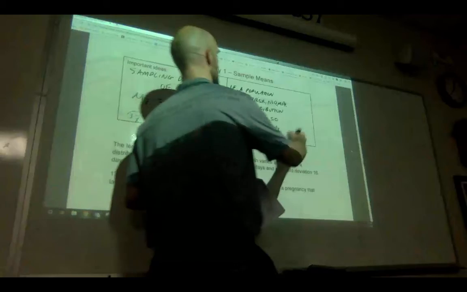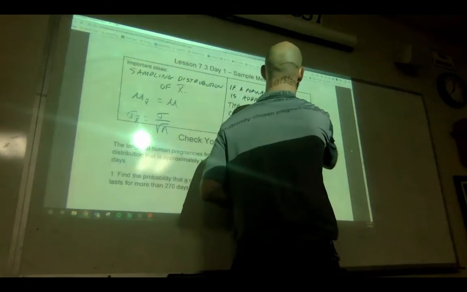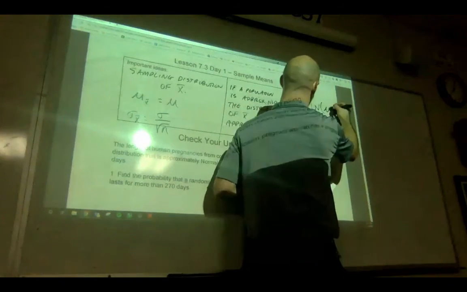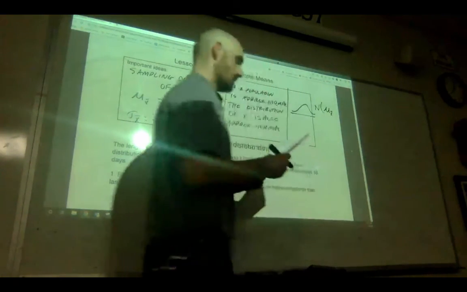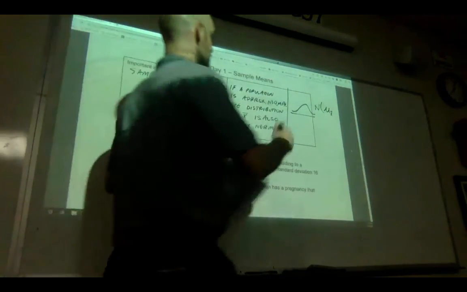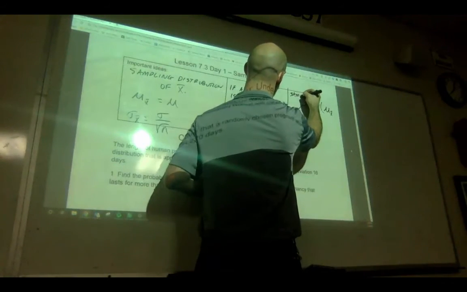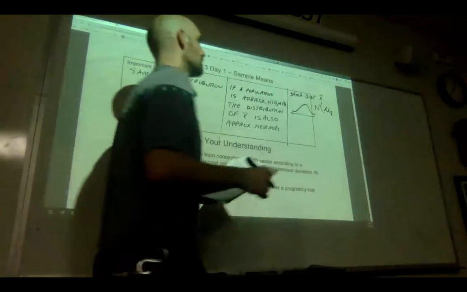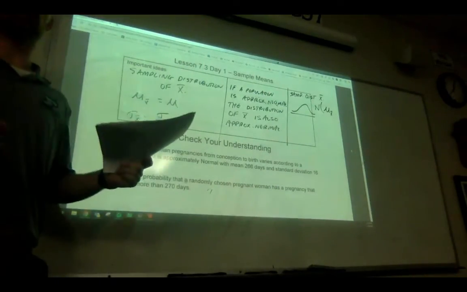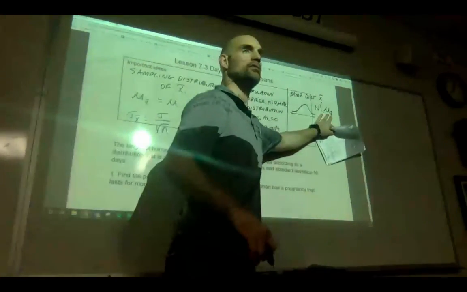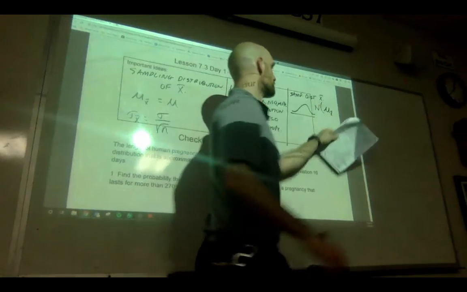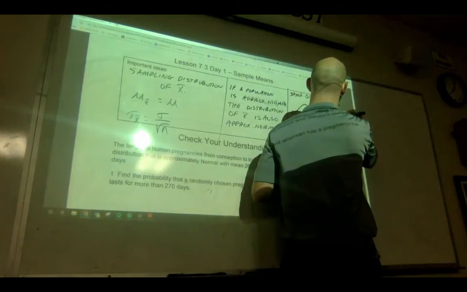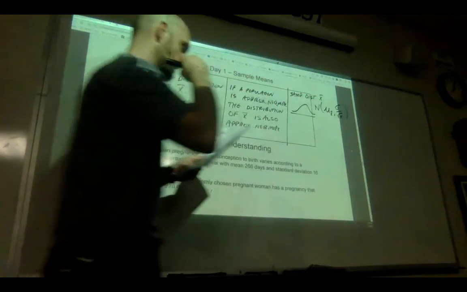Well, not surprisingly, when I sketch my little normal curve here, if this is my sampling distribution of x bar, I'm going to label it normal with my mean of mu of x bar, also my standard deviation based on my sample size.